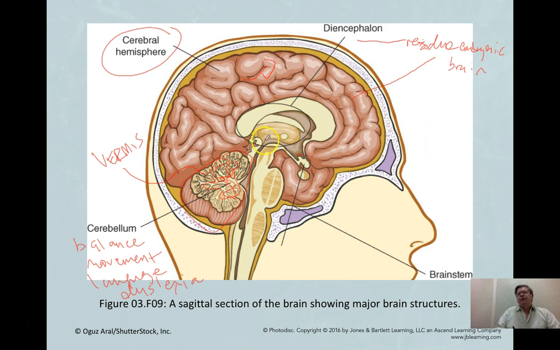Now, there's a lot of different structures in here, and we're going to have a whole lecture on the diencephalon, so I won't spend too much time talking about them now. But I just did want to point out that the diencephalon has a different kind of structure to the cerebral hemispheres and the cerebellum. The first thing you can see is that there are different physical structures underneath, which are referred to as the thalamus.